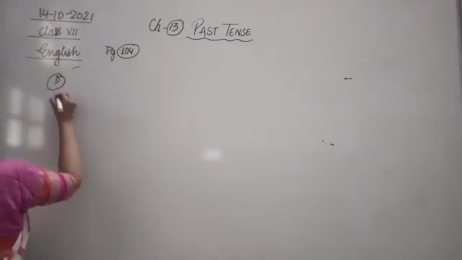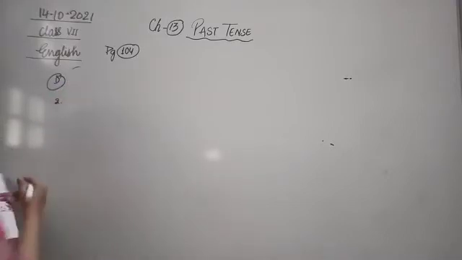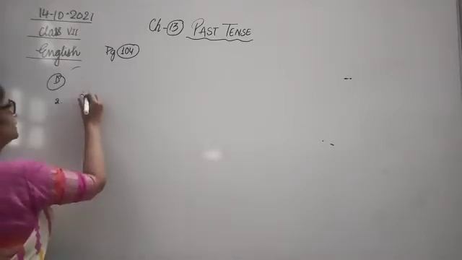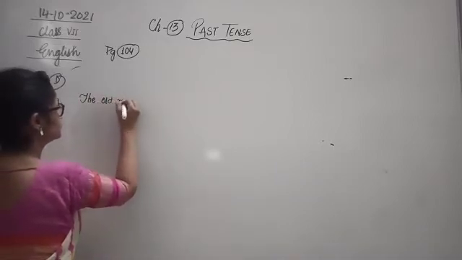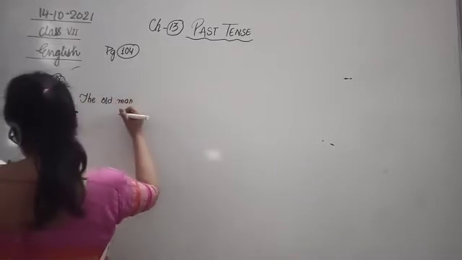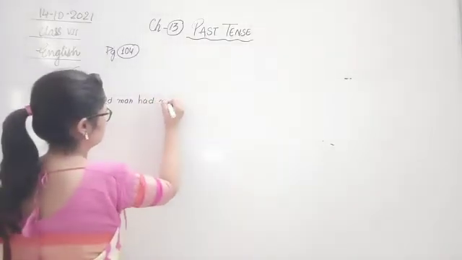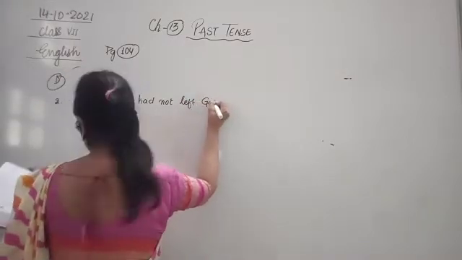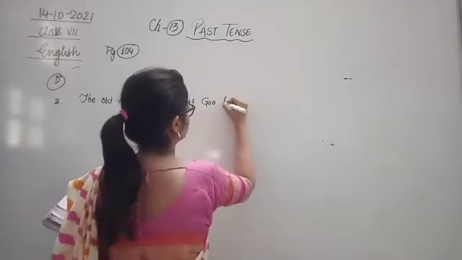Exercise D, number 1. Number actually 2, right? We are going to begin from 2. The old man had left Goa long ago. So first we are going to write in negative. The old man had not left Goa long ago.